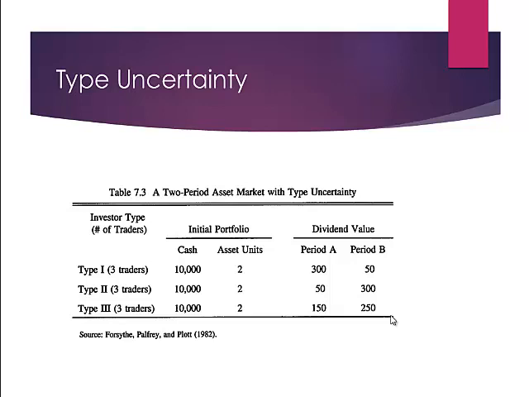Now, it's not excess supply, because they can all buy everything. This is the important thing, that the money they have been given in cash is enough to buy everything. So they can buy 3 times 2, 6 units from type 2 and 6 units from type 3.